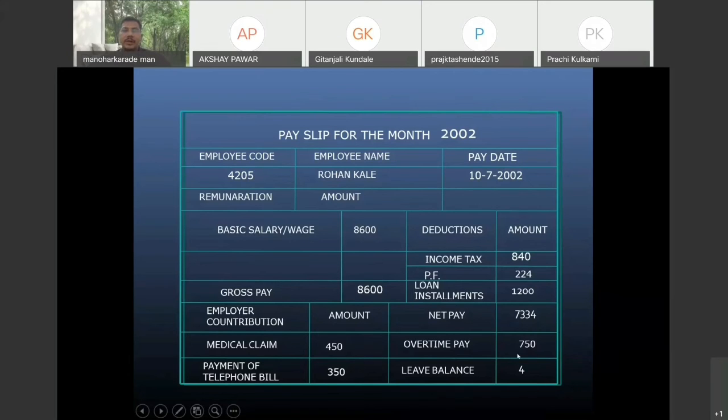Rohan has done overtime, and he is getting 750 rupees as overtime, OT, and the leave balance is 4. So this salary slip gives you complete detail of what is paid by the company after deduction and before deduction, with certain contributions in terms of medical claim and payment of telephone bill.